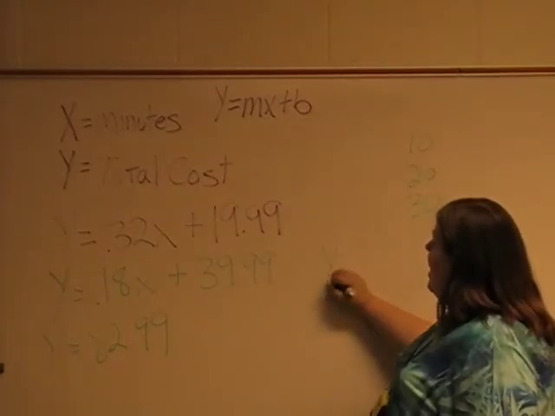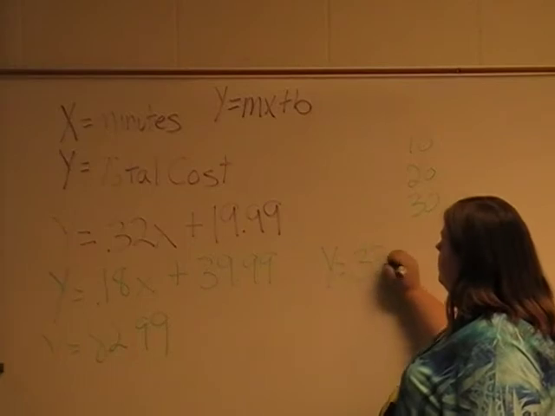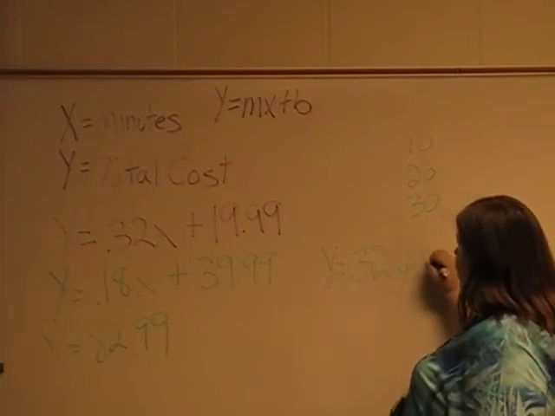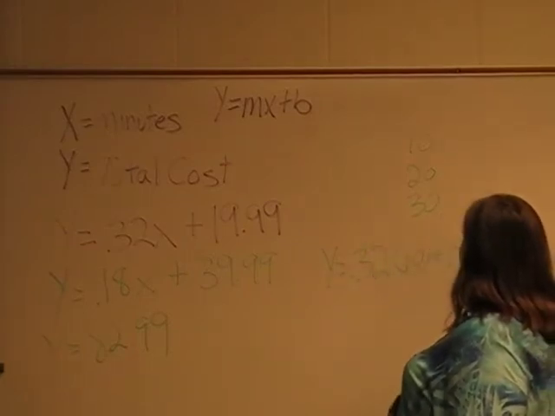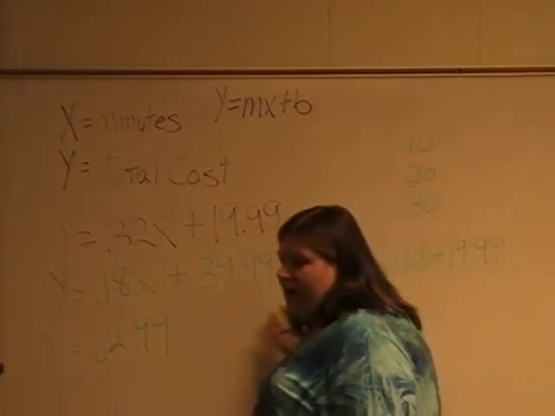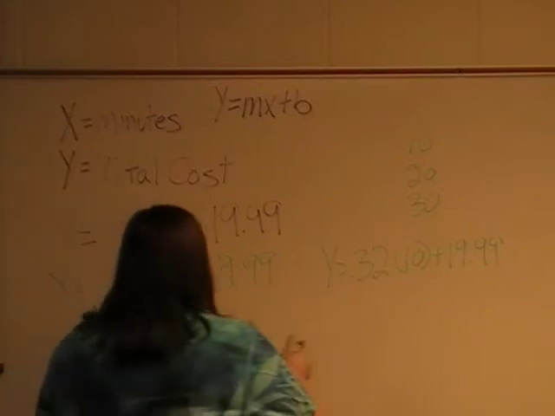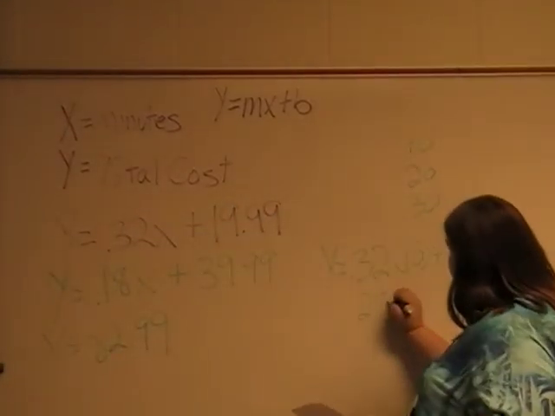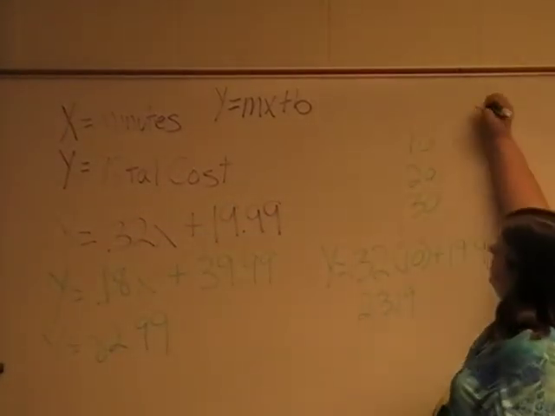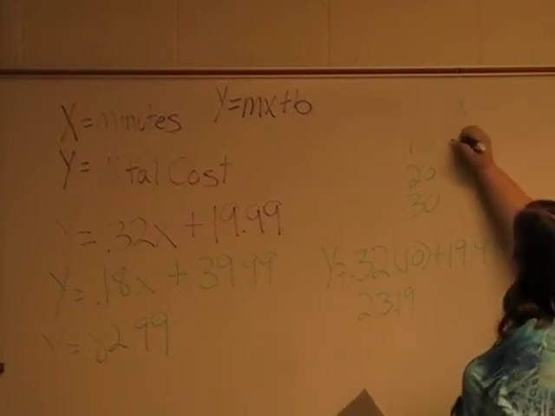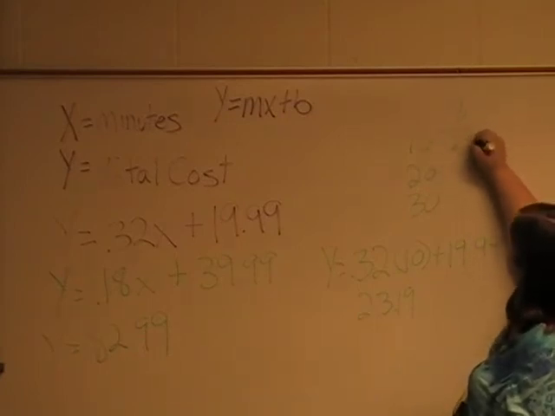Y equals 0.32 times 10 plus $19.99, and we would find out that that costs $23.19. So under our bronze plan, at 10 minutes it's $23.19.